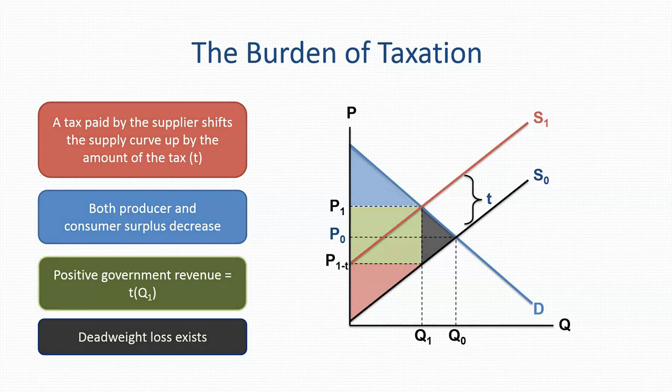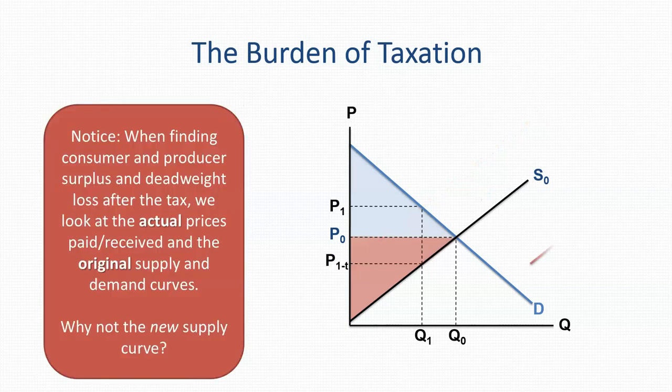So before we move on, just to be sure, when we impose this tax on suppliers in this case, and we'll come back later to imposing a tax on demanders as well, and then go on to calculate consumer and producer surplus, as well as deadweight loss and so on, we'll always be wanting to make the new calculations for consumer and producer surplus based on the original supply and demand curves.